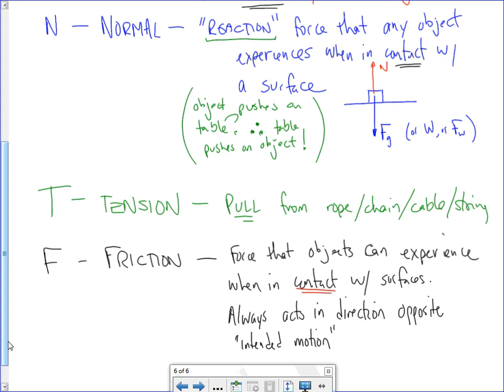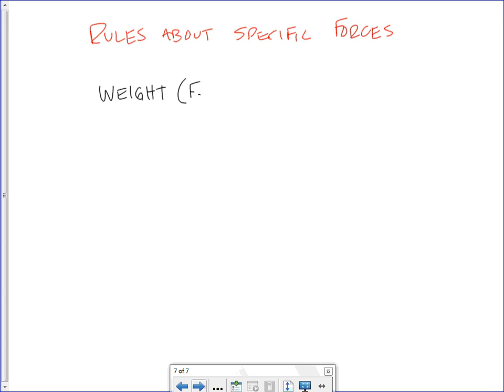Okay. Last thing is this: some rules about specific forces. There are 3 for weight, or gravitational force. Gravitational force always points down. When we say down, you know what we really mean by down.